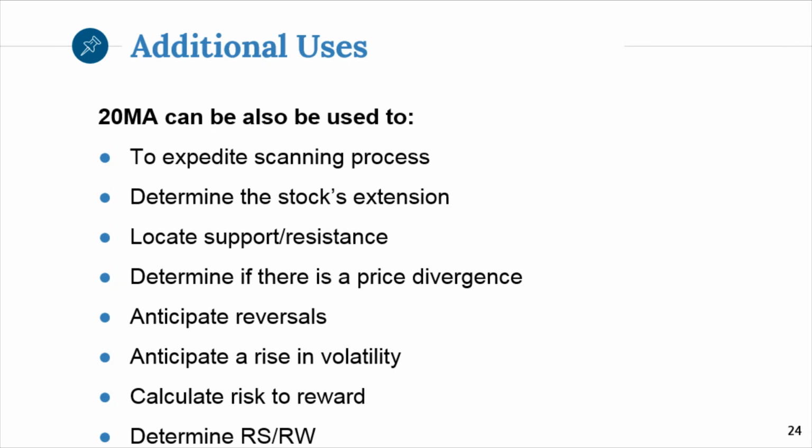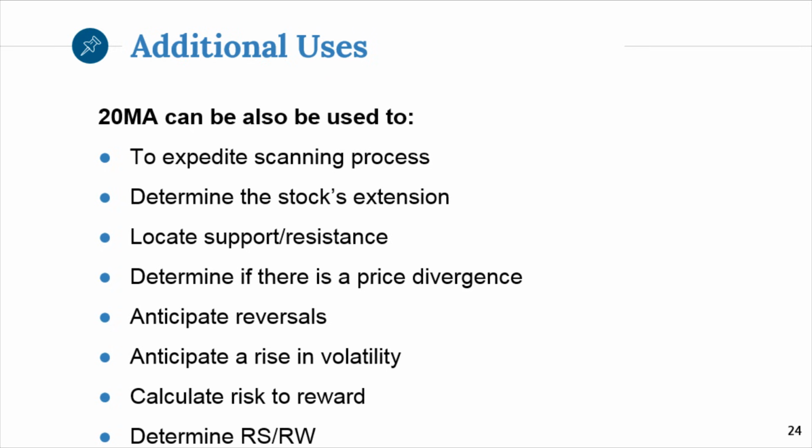And finally, you can use it to determine relative strength to relative weakness. For example, if you put two stocks next to each other on the same time frame, and the market, let's say, is trading above the 20 MA on the 5-minute chart, and your stock, the stock that you're considering playing long, is not trading above the moving average on the 5-minute chart, then you know your stock actually has relative weakness to the market.